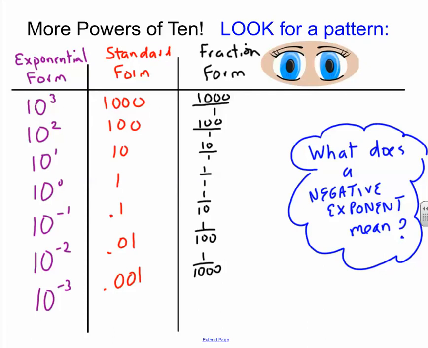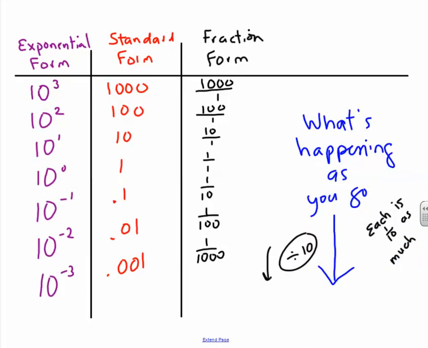And we'll get to that in just a minute. So what's happening as you go down every one of these columns, whether it's exponential form, standard form, or fraction form, is you're dividing by 10 to go down the column. Or each number as you go down is 1/10 as much as the number above it. So dividing by 10 and taking a tenth as much are the same thing.